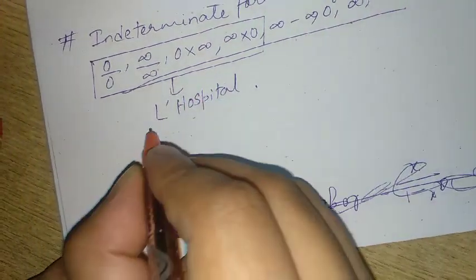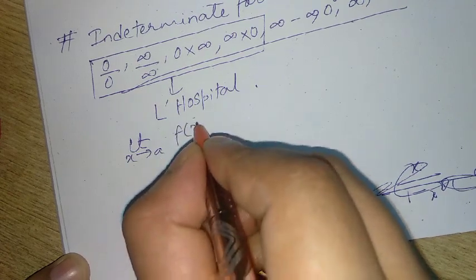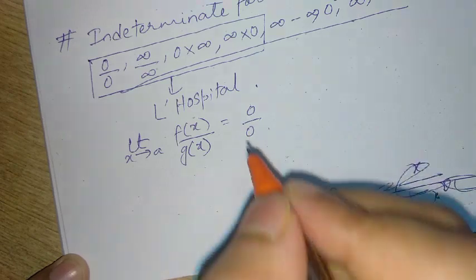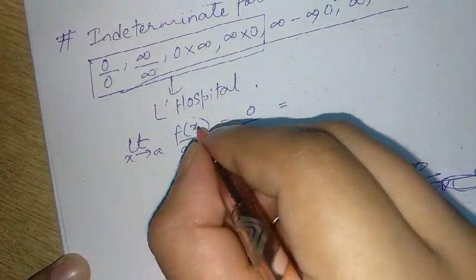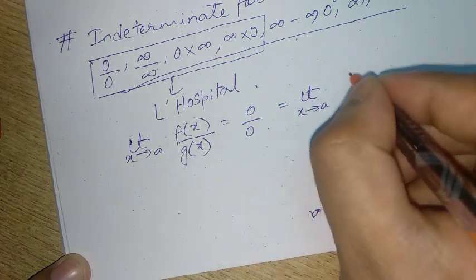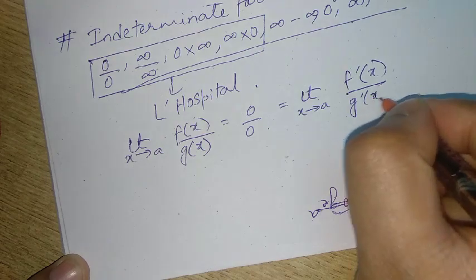If limit x tends to a of f of x divided by g of x is of the form 0 by 0, then we will differentiate the numerator and the denominator separately, so f dash x upon g dash x.